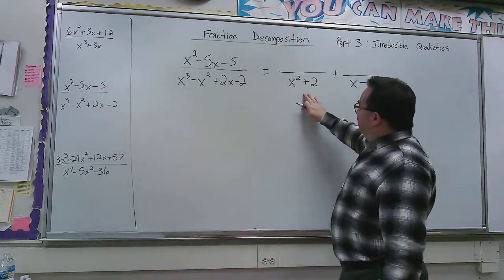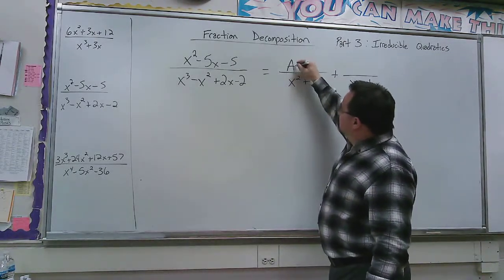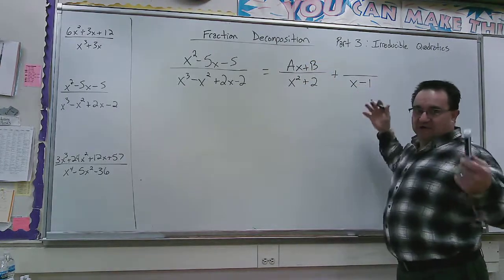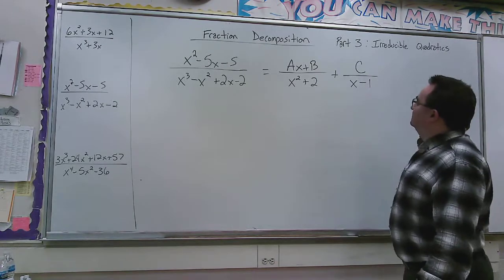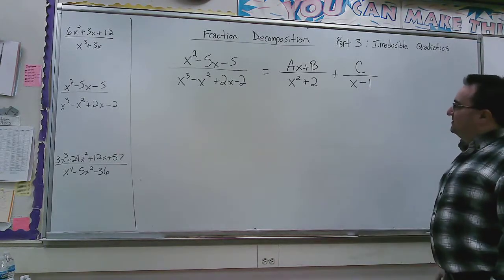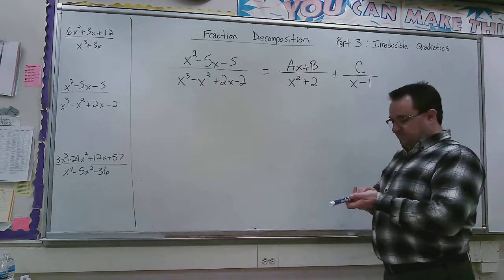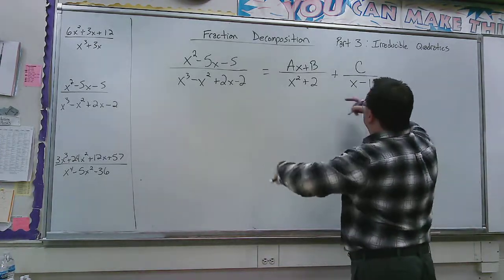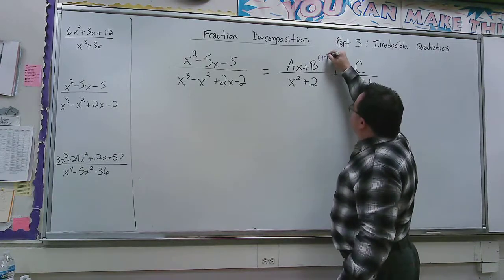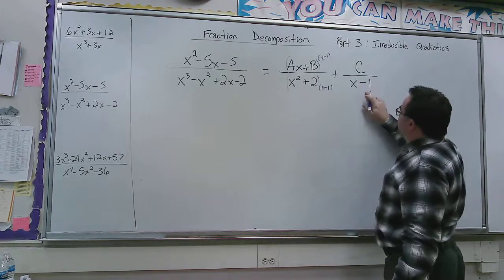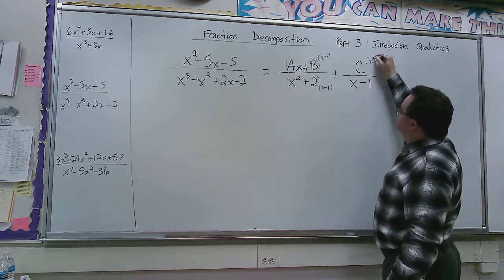That's a quadratic, so this could be linear, so I'm going to put ax plus b. That's linear, so all I need is like a number, so I'll call that C. And there's my setup. If I get how to set it up, the rest is all downhill. What do I do next? Well, I got to get that to the common denominator, so I'll multiply this by this, and this one by this one.